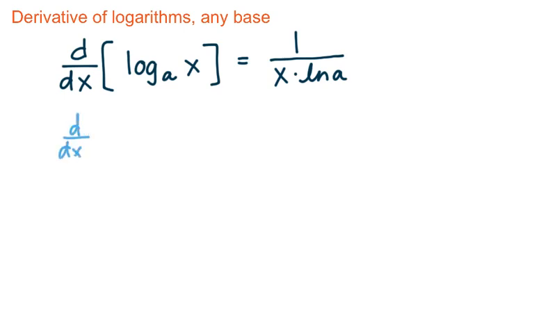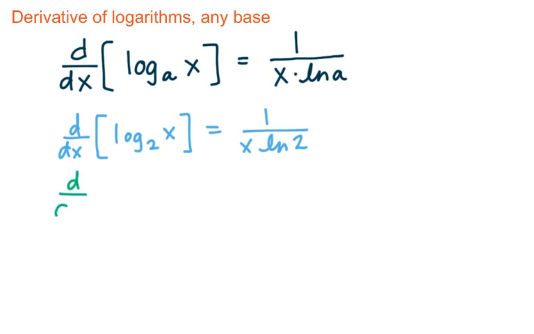For example, we might have d/dx of log base 2 of x. According to the rule above, we have 1 over x times the natural log of 2 in the base. Or we could have d/dx of log of x.